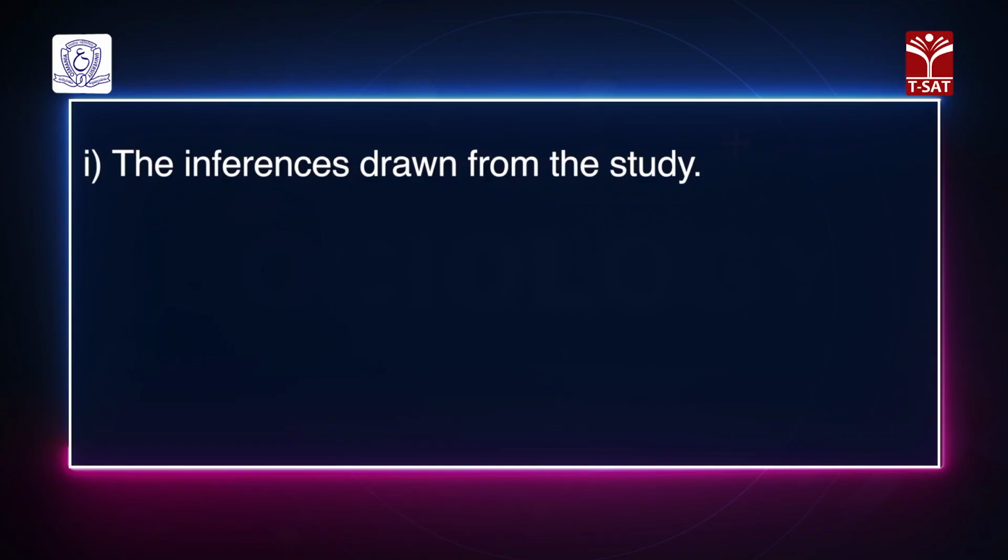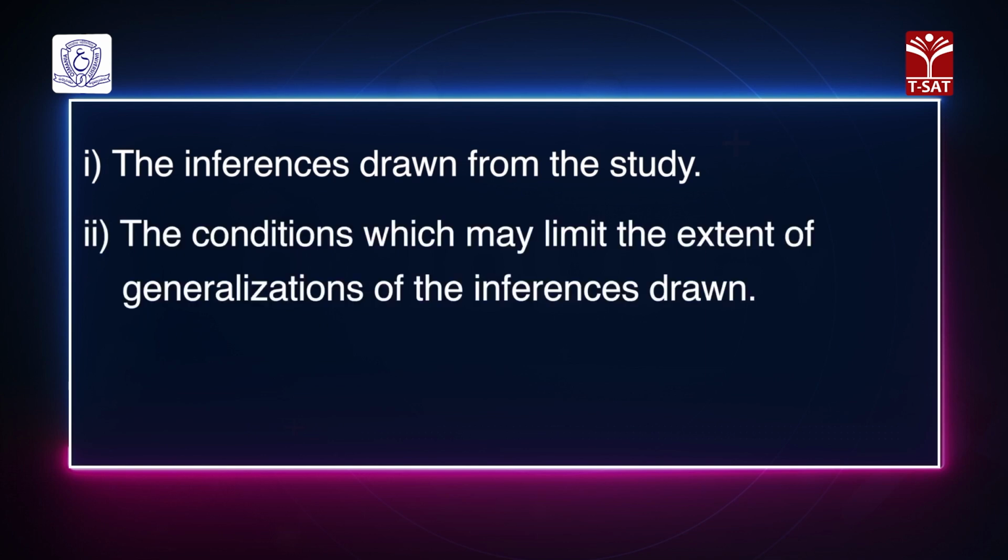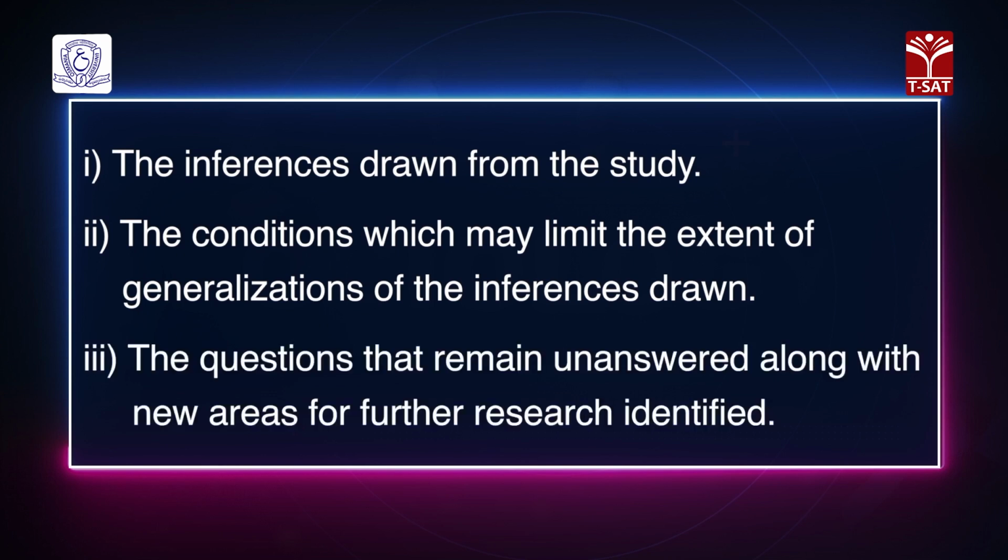The implications of the results of the study should be stated towards the end of the report. The implications of the results may comprise, firstly, the inferences drawn from the study, secondly, the conditions which may limit the extent of generalizations of the inferences drawn, and thirdly, the questions that remain unanswered along with new areas for further research identified.